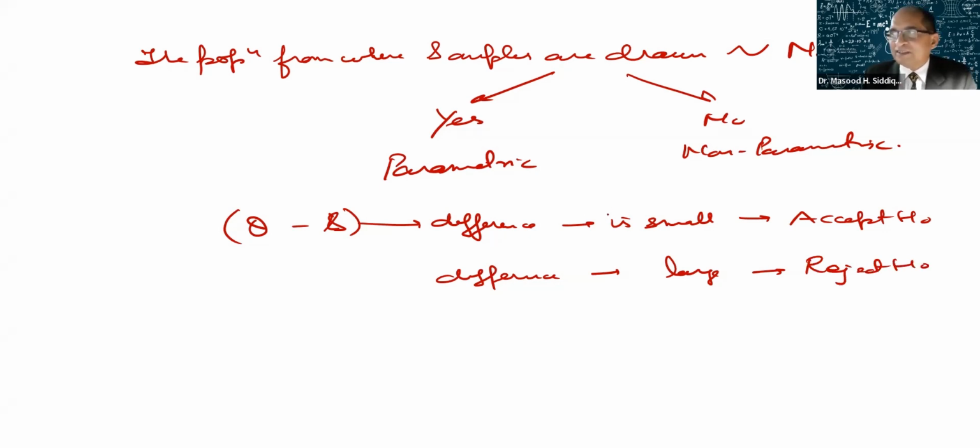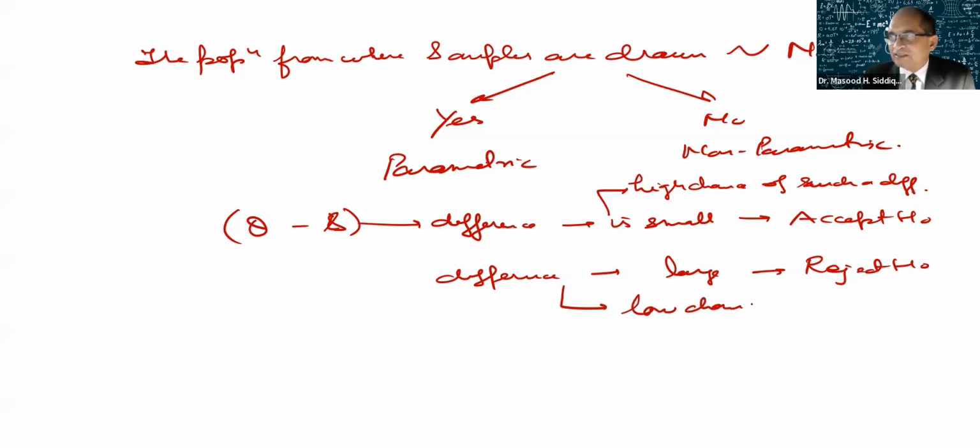Now, if the difference is small, it means there are high chances of such a difference. Because the difference is small. Now, when this difference is large, it means we have low chances of such a big difference. Okay.